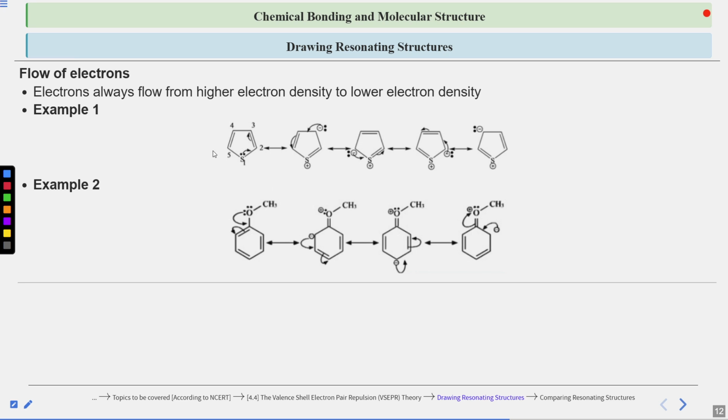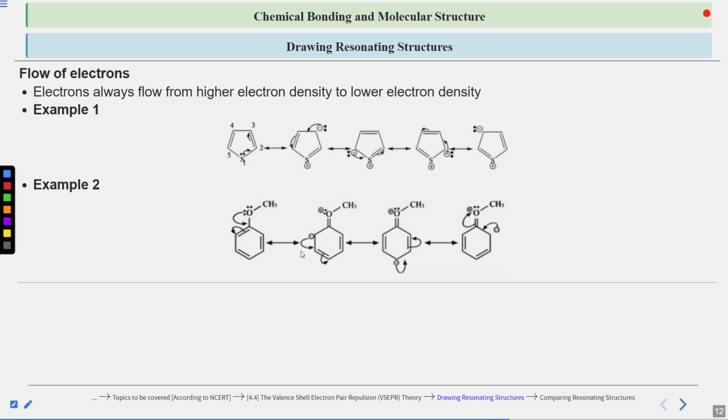Now there is an important difference between example 1 and example 2. What is that difference? If you look at the first example, your ring has 5 members, or you can say an odd number of members. As a result of this, you are getting 5 resonating structures.